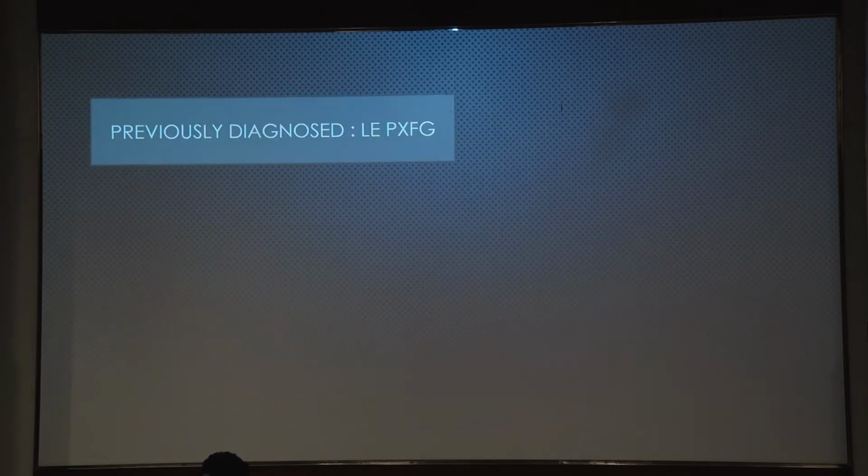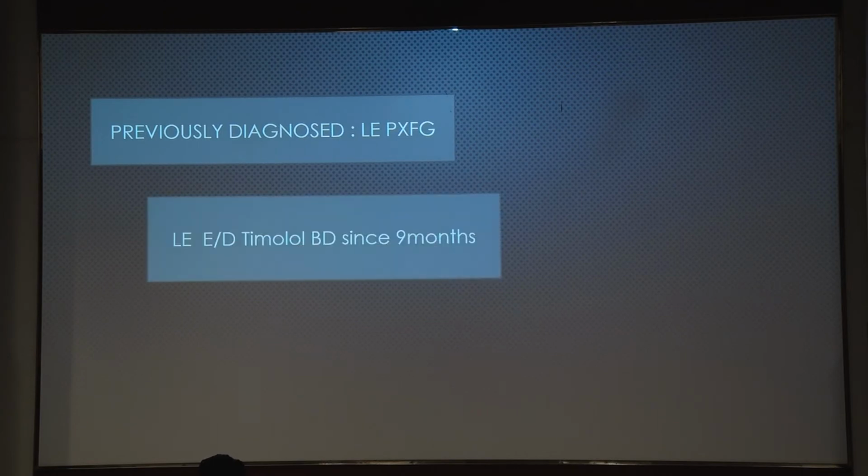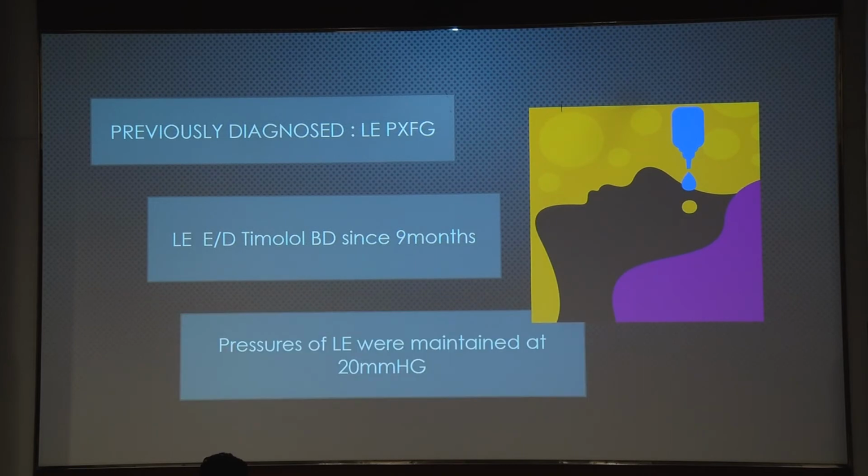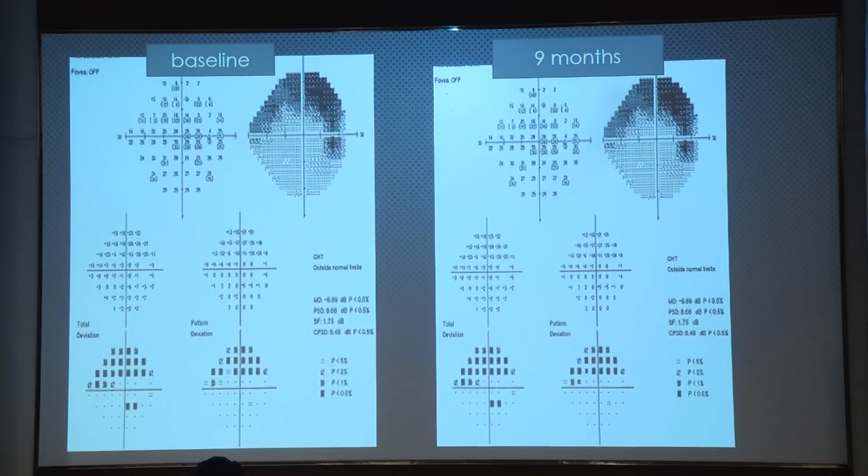She was diagnosed with left eye pseudoexfoliation glaucoma and started on eye drop timolol BD, and her pressures were maintained at 20 millimeters of mercury by using the drops. The baseline OCT and HFA showed a superior arcuate scotoma, but comparing the HFA at 9 months, we see there is a very small, non-significant change in the HFA. So do we continue the same medication or do we need to step up treatment?